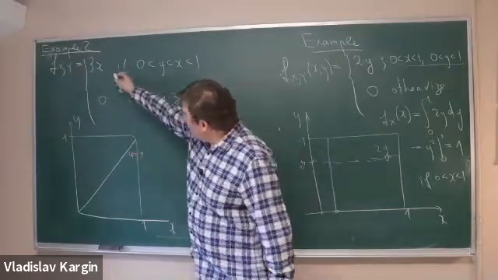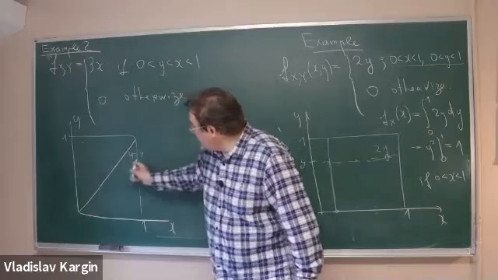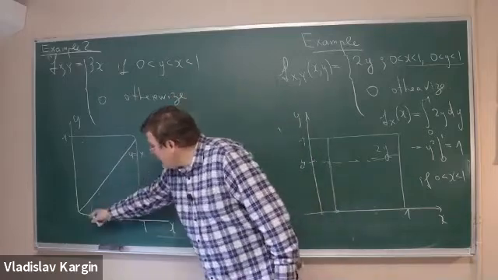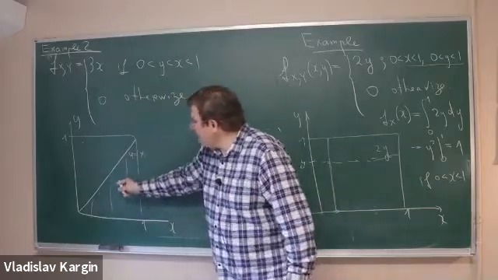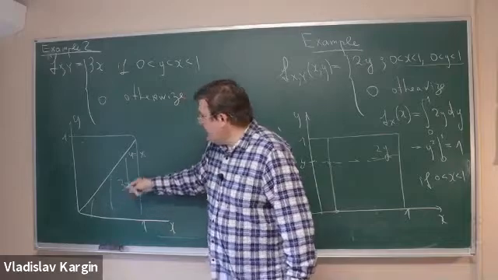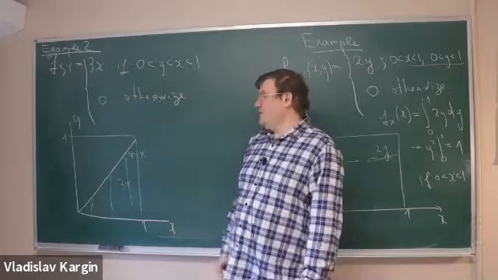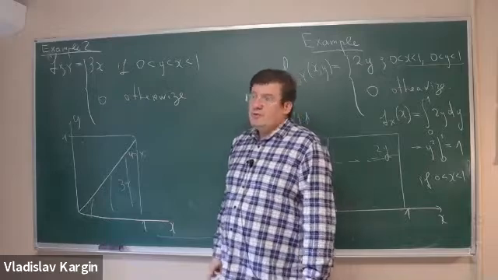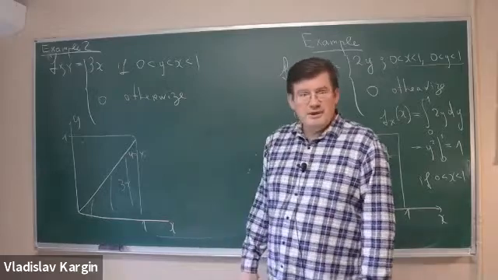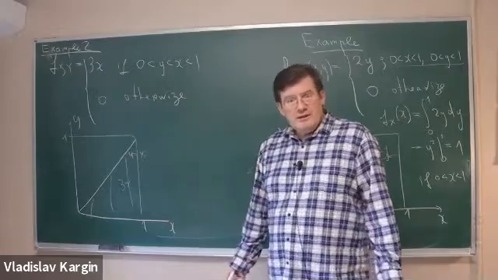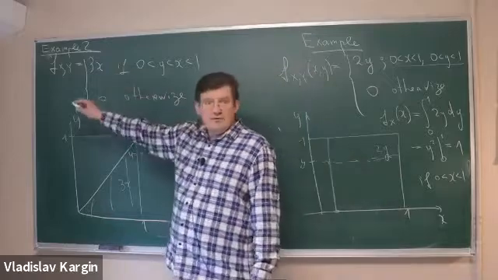And the density was equal to 3x only if y is smaller than x. So in this region, the density was equal to 3x. Otherwise, it was equal to 0. And again, if we go from the definition, we need to calculate the marginal densities and check whether the joint density is equal to their product.